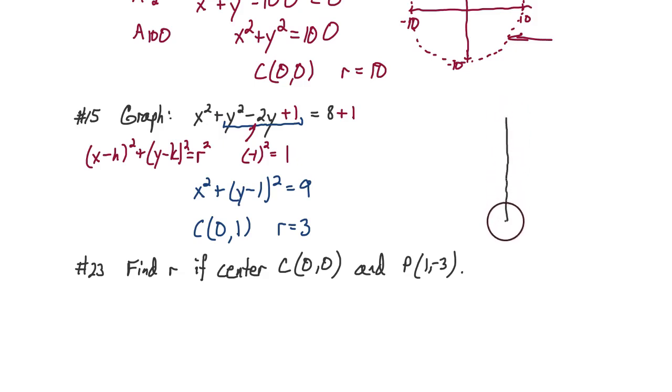Make a quick grid and find 0, 1 and put a dot there. That is the center dot. Now the radius is 3. So go up 3 from there, go left 3, go down 3, and go right 3. So from the center, up 3, left 3, down 3, and right 3.